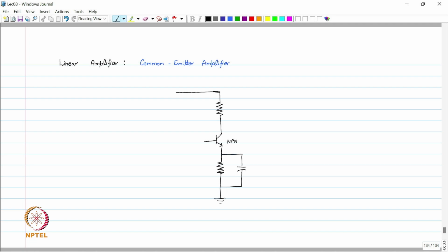And on the base side, we use mostly voltage divider bias.